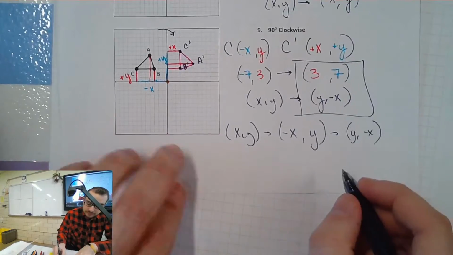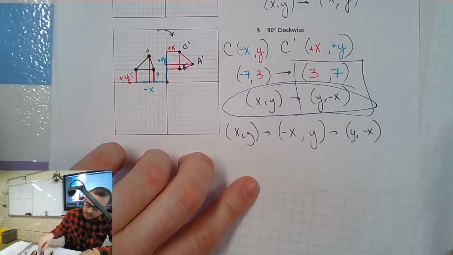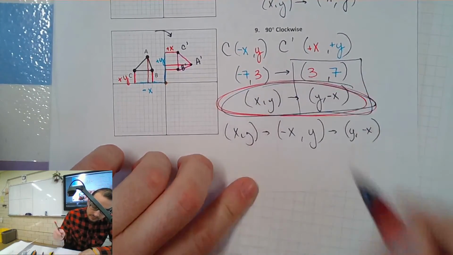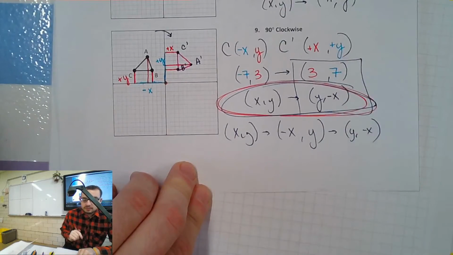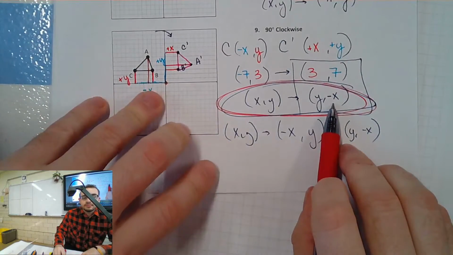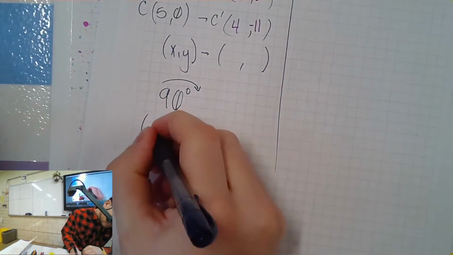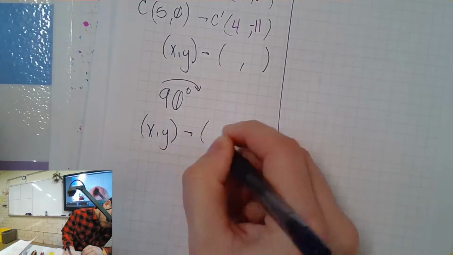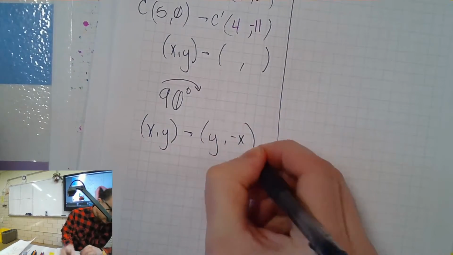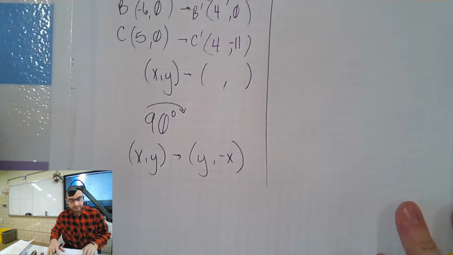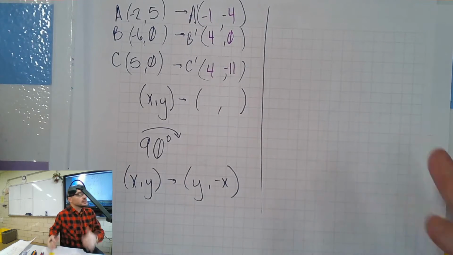This was our rule. Right there. X and Y switched, and we negated the second one, right? That was our rule. Does it work this time? It doesn't.